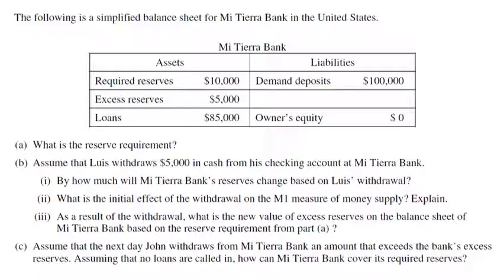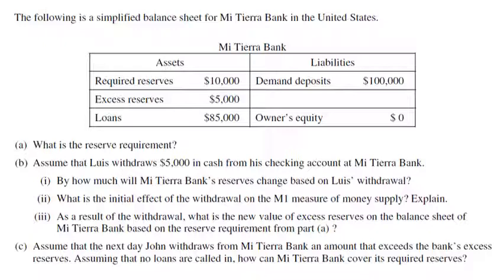So let's start to look at how we would actually go about answering this question. So for part A, we're looking at what is the reserve requirement. So what are banks required to hold on to? Now we can see that the required reserves are $10,000. Now one tip for you as you're answering this question: required reserves and reserve requirement essentially get at the same thing, except there's one key difference.